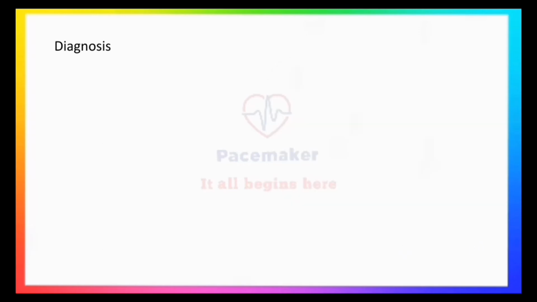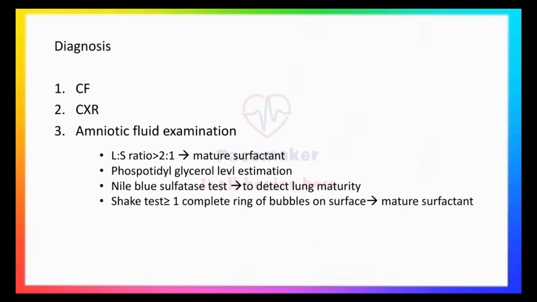But how to diagnose this condition? This condition is diagnosed based on the clinical features. A preterm or premature newborn born with respiratory distress, then you suspect RDS. Then you can diagnose this condition by chest X-ray, or by amniotic fluid examination. In amniotic fluid examination, a couple of tests are performed, and the important test here is the LS ratio.